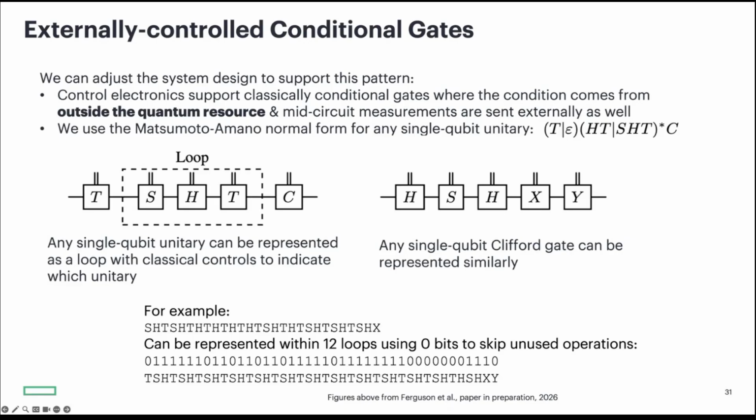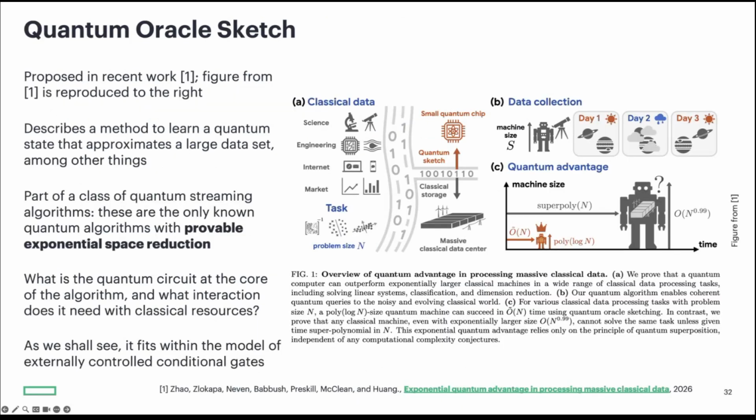So you might be wondering, oh, well, that's an interesting idiom of externally controlled classical conditional gates. Are there other algorithms that would use that idiom? And we'll talk about one. So you might have seen this recent paper about quantum oracle sketch. It's called Exponential Quantum Advantage in Processing Massive Classical Data by a number of authors, including Preskill and Wang. I've reproduced a figure from that paper to the right.